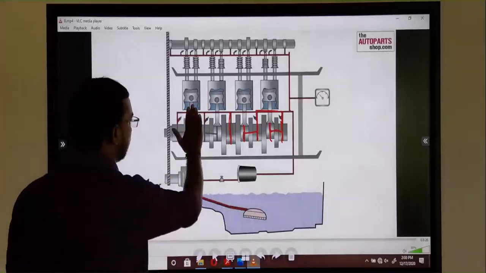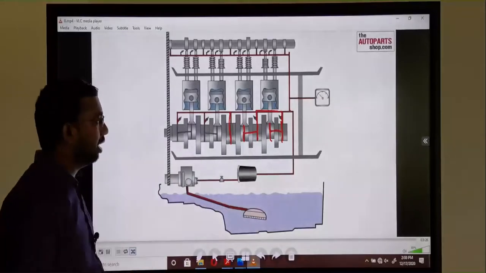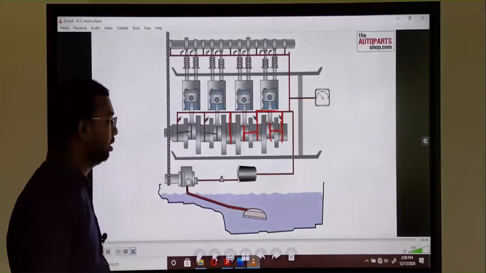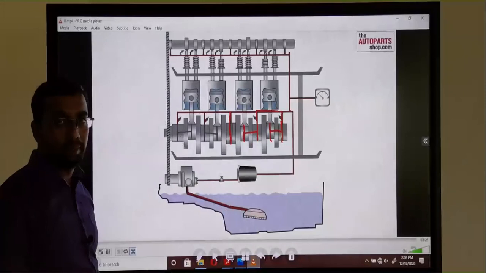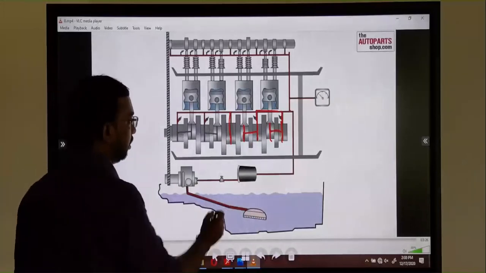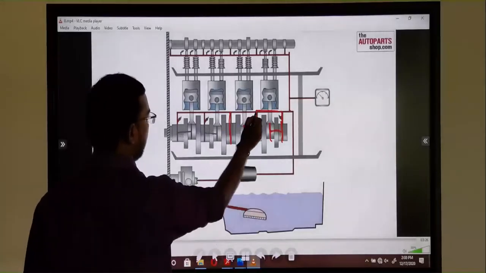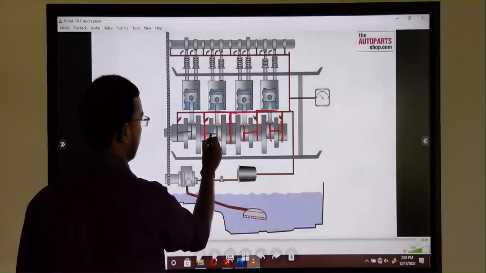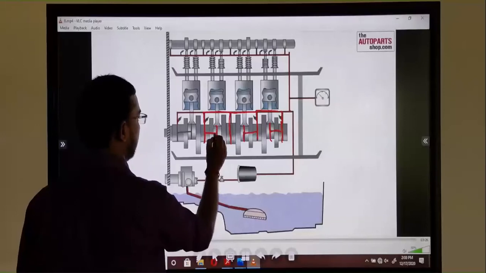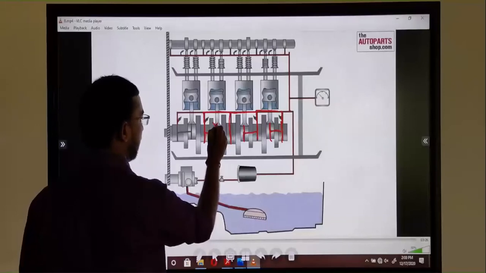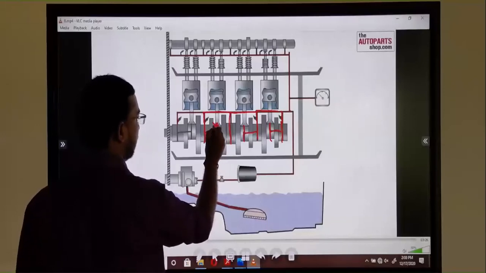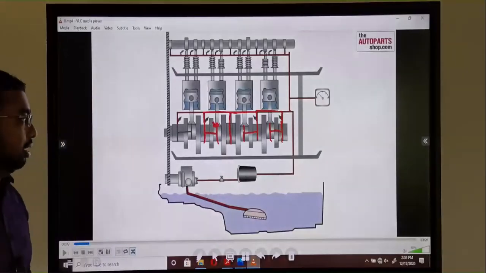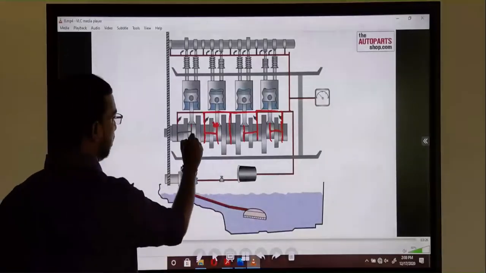The coolant cannot enter this type of area. These are high-speed moving parts. So the main oil travels through this line. Here there is a connecting rod bearing, and the oil is supplied to that bearing also.